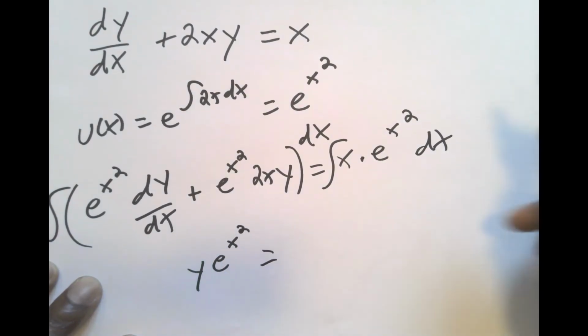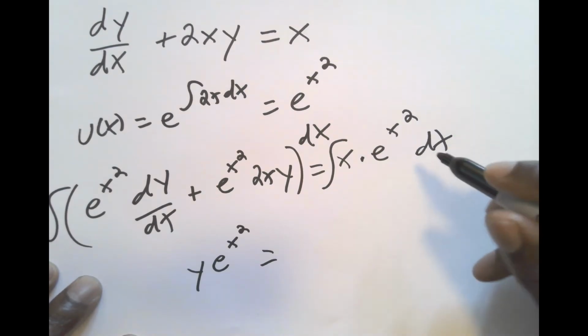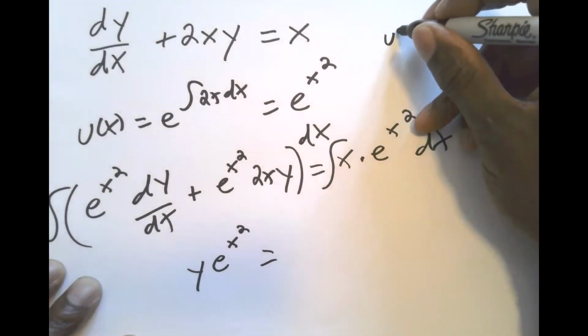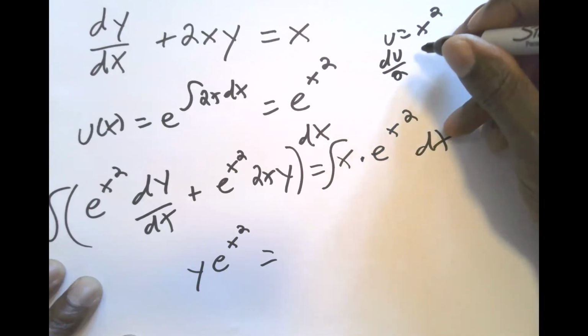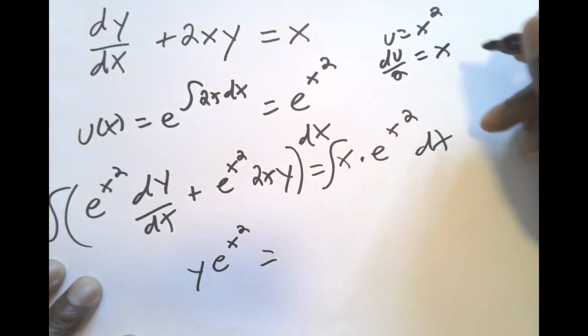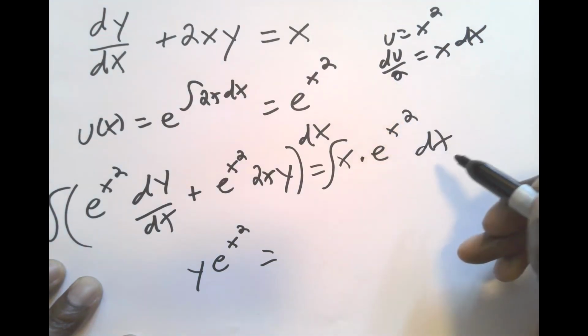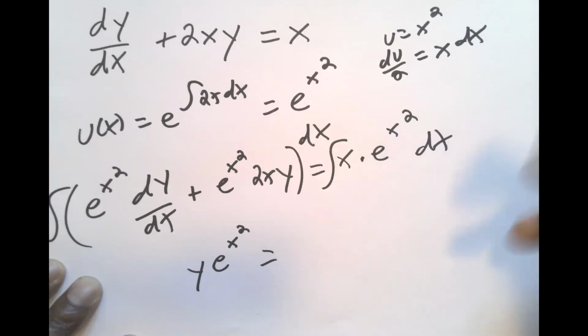Now this integral, it may look like integration by parts, but it's just u substitution. So let's say u is x squared. That means du over 2 is x dx. So you see the x dx, that would be du over 2, and this would be e to the power of u. The integral of e to the power of u is e to the power of u, and you have the 1/2 here.